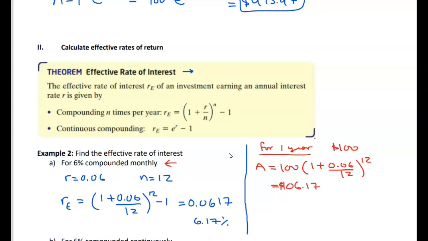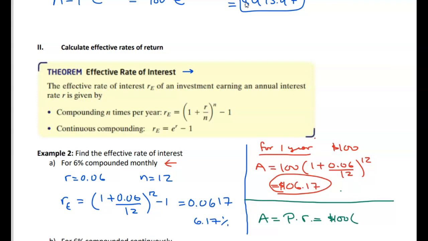All right, so that's the amount of money we end up at the end of the year. So what the effective rate of interest does is that if you try to find the amount with principal times the rate with a time of 1 year, then the principal was $100, and I'm going to multiply it by 1 plus the rate, 1 plus 0.0617.